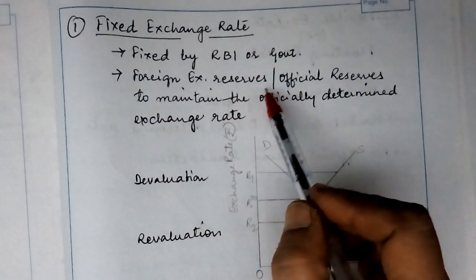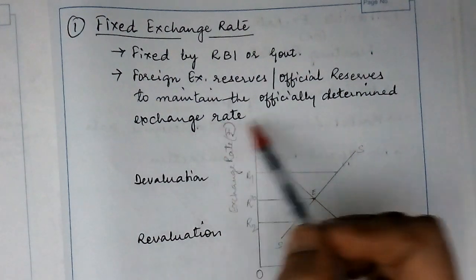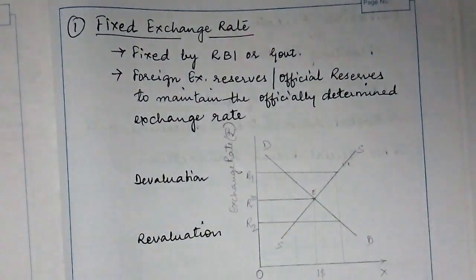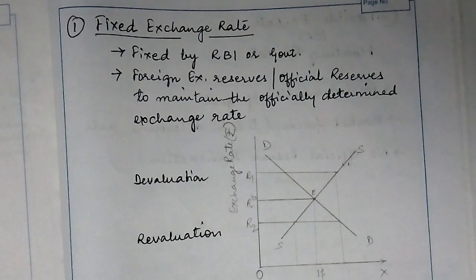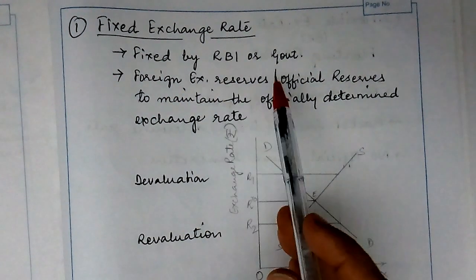The foreign exchange reserves or the official reserves are maintained, and the officially determined exchange rate applies. So the exchange rate between two countries fixed at the government level is called the fixed exchange rate.